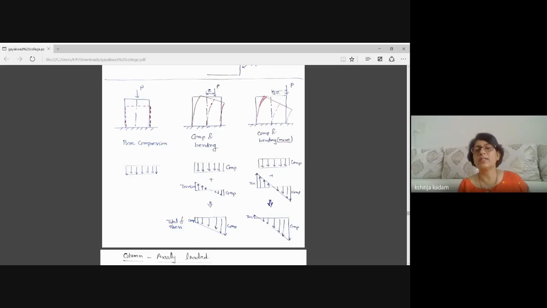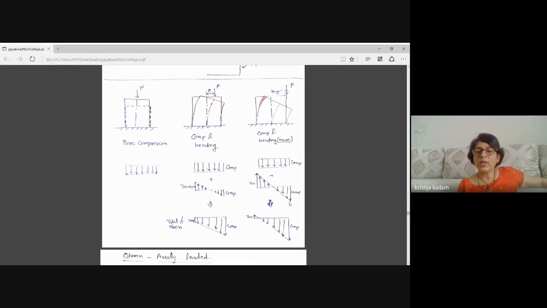If I increase the eccentricity, let us see the third sketch. If I increase the eccentricity, the moment equal to P into e will increase. If the moment is increasing, you see the stress diagram for bending in the third sketch is steeper. If you compare the second and third sketch, the bending stress diagram is steeper in the third sketch.